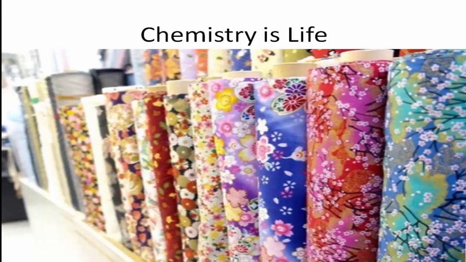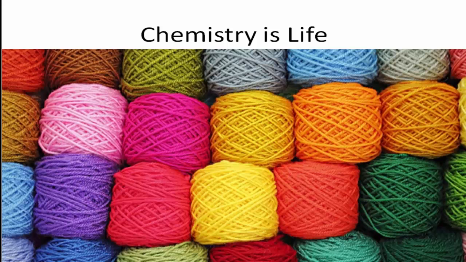These dyes bind with the fabric through specific bonds. They have specific binding sites with the fabric, so that whenever we wash our cloth, the dyes or colors do not come off. Again, it is an example of chemistry.